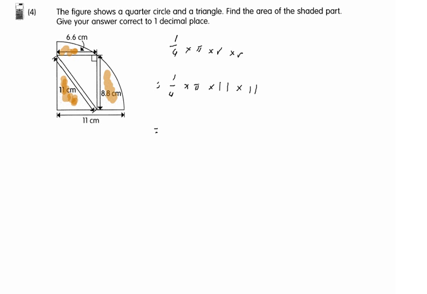Okay, so children, when I have 11 multiplied by 11, okay, I get 121, right? So 121 multiplied by 1/4 will be, actually I can just leave it as improper fraction. We'll leave in terms of pi, correct or wrong?